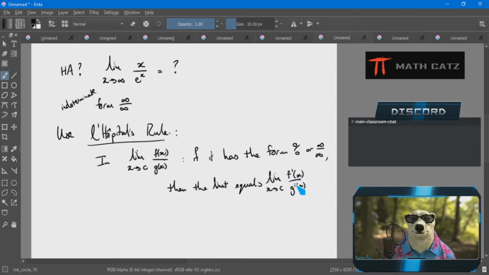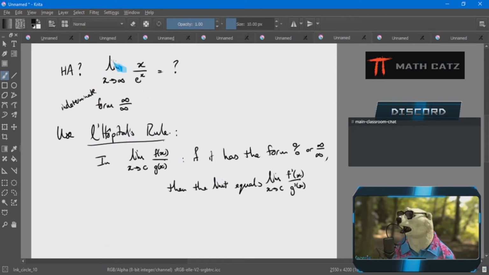Now please don't read into this more than what I'm saying. To me at least, it's not obvious how this could possibly be, and the proof is unpleasant. I can't really do it here. It only says that if I have an indeterminate form, the ratio of numerator to denominator approaches the same thing as the ratio of the rates of change. Why? Who knows? It's not intuitive. But when you prove it, it's confirmed.